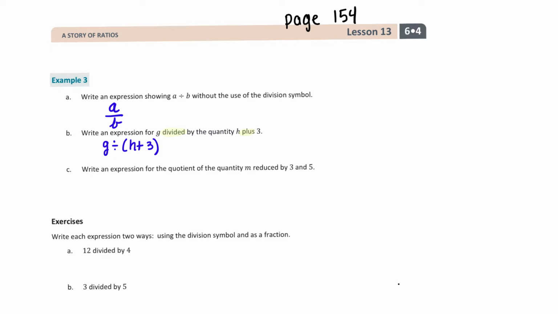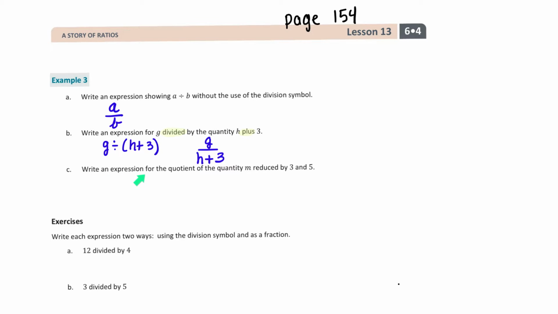That would be one way. Or the other way, if we wanted to use it without the division symbol, it would be something like G over the quantity of H plus 3. Both ways will be the same expression. Let's look at the next question.